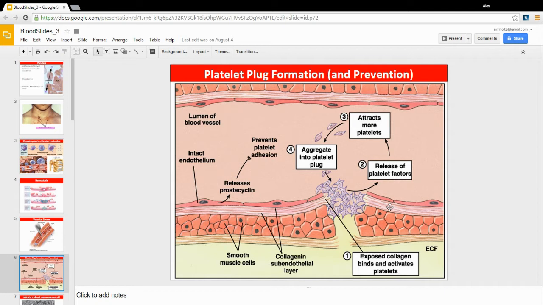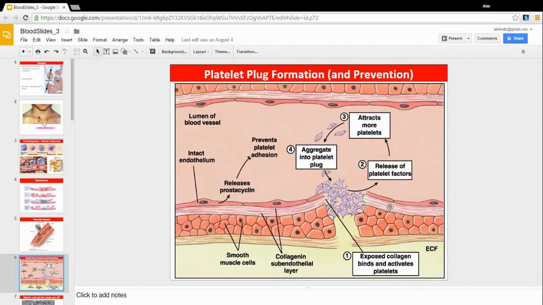Now, here's where it gets kind of cool. When platelets get active, not only do they become sticky, they start releasing chemicals. Some of those chemicals enhance vascular spasm. Some of those chemicals play a role in clotting. But most importantly for right now, platelets are releasing chemicals that attract more platelets.